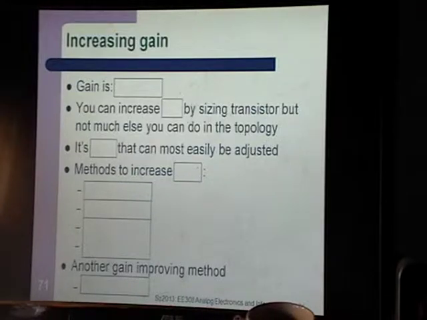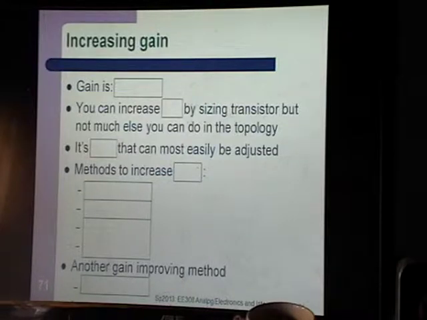Now that we know the basic amplifiers, and since we're trying to build an op-amp in this class, one of our real interests is how to increase the gain. It turns out there's not much you can do with GM.